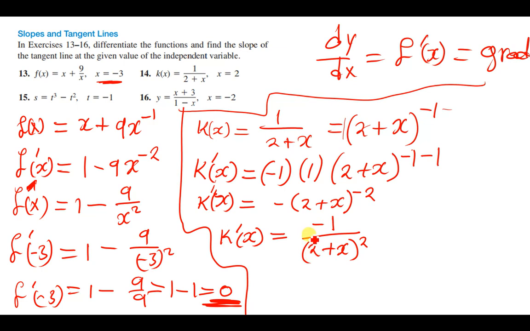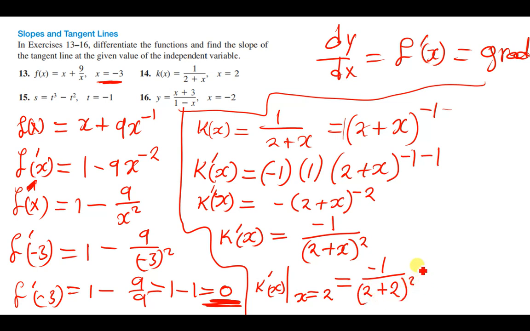So now to find the gradient, which is the slope, we say k prime of x at x equal to 2 is equal to, we just replace x with 2. So we have negative 1 as the numerator, then down there we have 2 plus 2, squared.